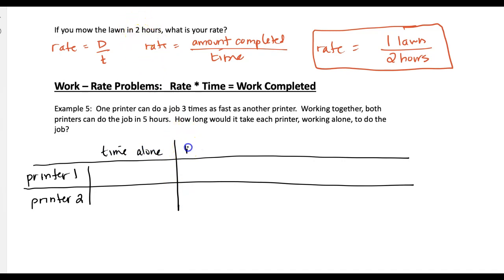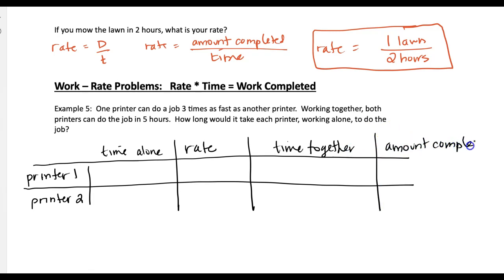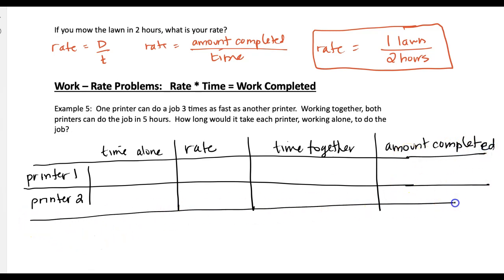And that's going to help me come up with the rate, the time they work together, and the amount completed. And then I'm going to fill in what I know.